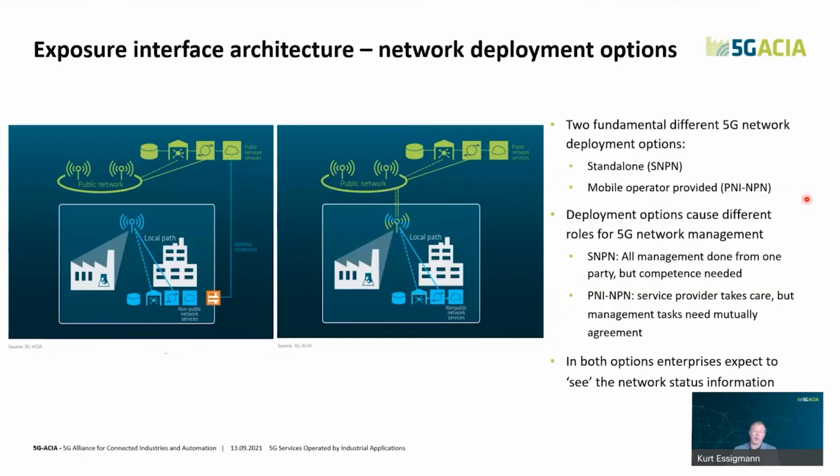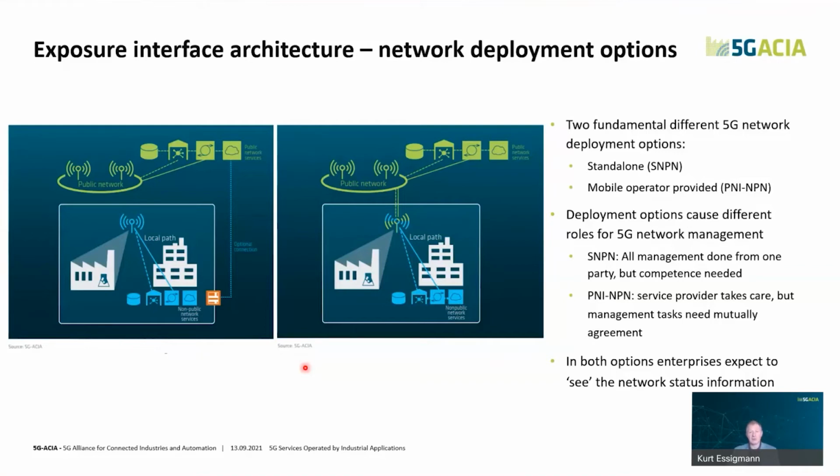So it's when a mobile operator basically provides you a network or a network slice. In that case, the mobile operator will take care of all the network management systems and will lifecycle the network. But of course, if the enterprise would like to do specific use cases itself, that must be done via a mutual agreement.